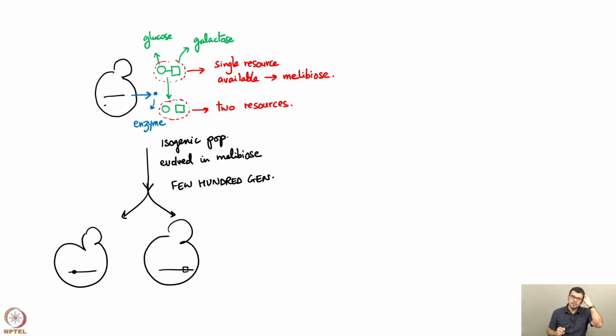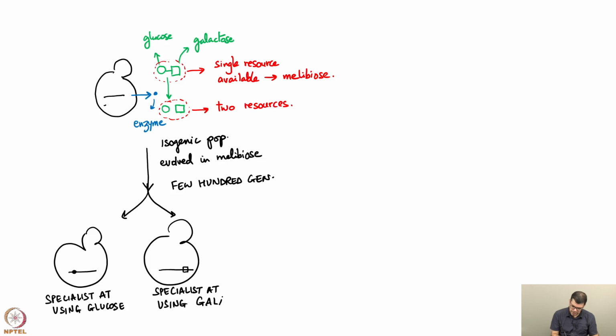And the difference between these two genotypes is that as evolution proceeds in this environment, one group acquires mutations to become a specialist at using glucose, and the other genotype becomes a specialist at using galactose.